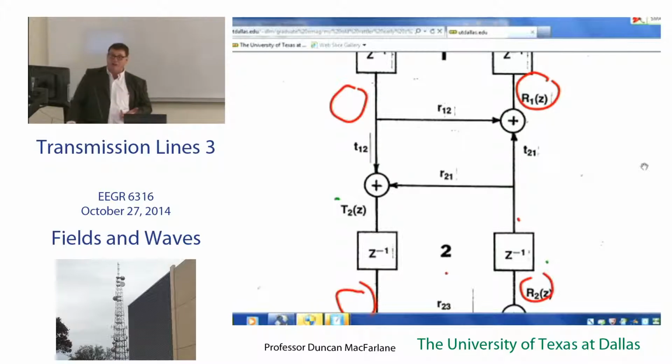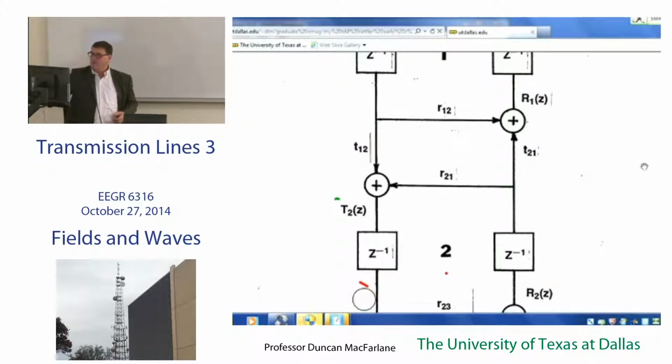You can start to see that I'm adopting some nomenclature that I can scale, both in terms of the forward versus the back, or the transmitted versus the reflected, stage 1, stage 2, all the way up to 3, 4, 5, 6, 7, 8, 9, however many stages I feel I want to do. Whatever order filter I want, to increase the sharpness of my bandpass behavior by adding more poles and zeros.